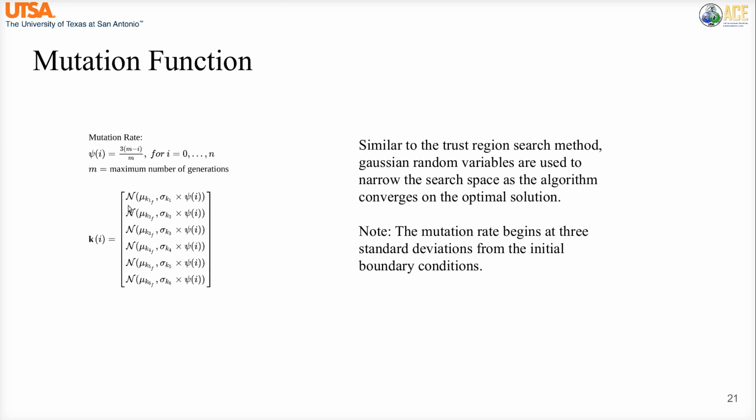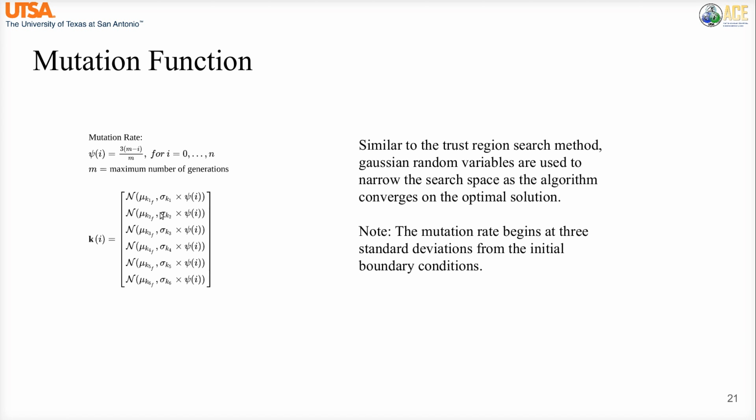So each one of these indices in my vector k has some probability associated with it, and it needs to surpass this mutation rate at each generation. And if it does surpass it, then it will produce a new gene for this member.